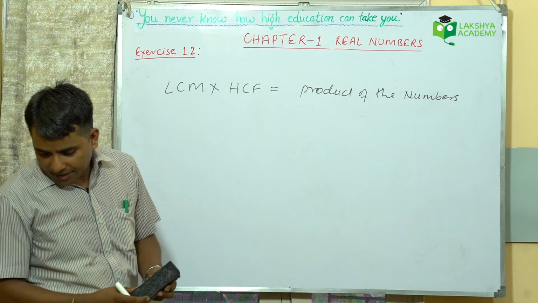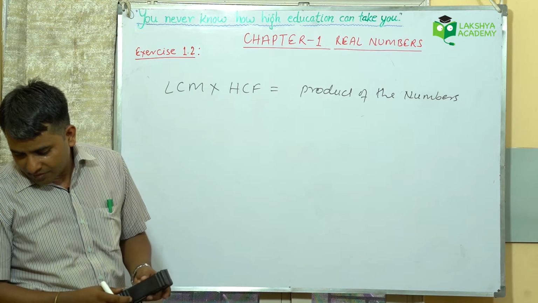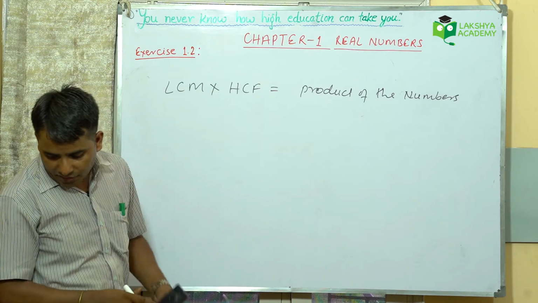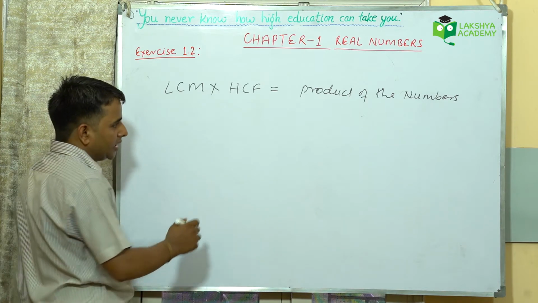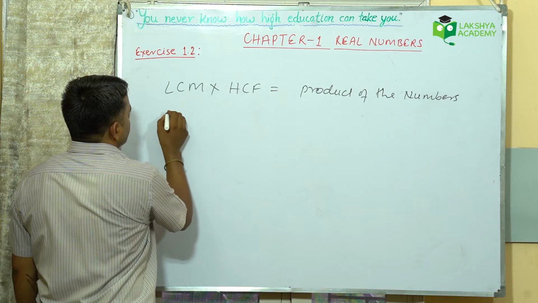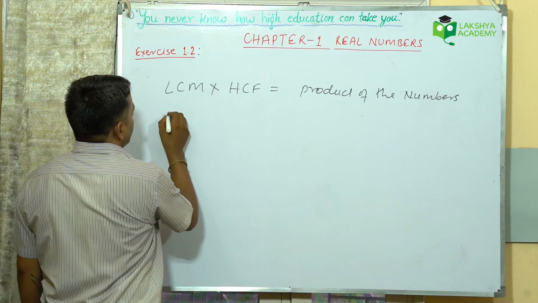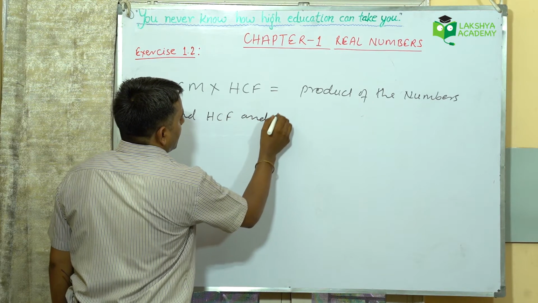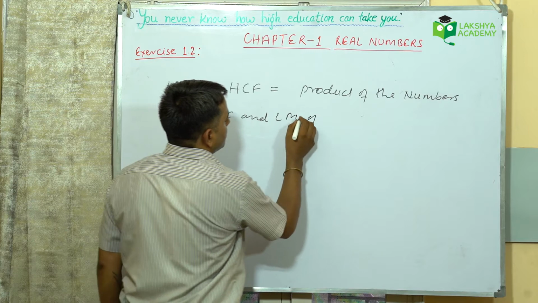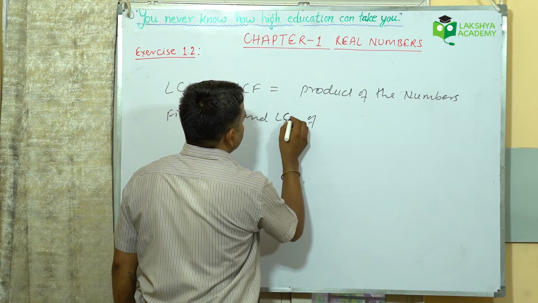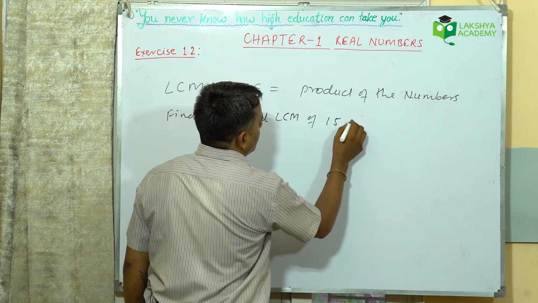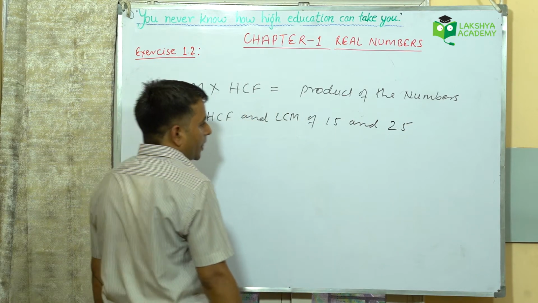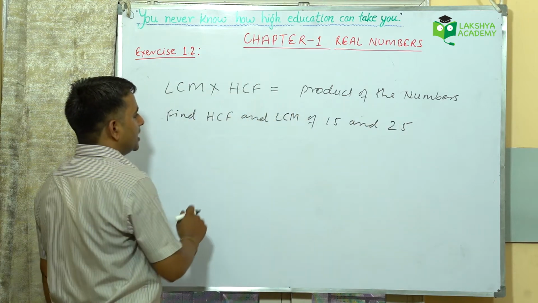Suppose we take an example, find the LCM and HCF using factorization. If we take two numbers, say 15 and 25, find the HCF and LCM and verify this relation.